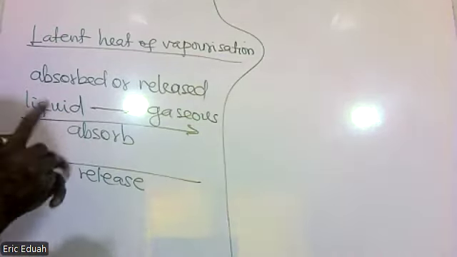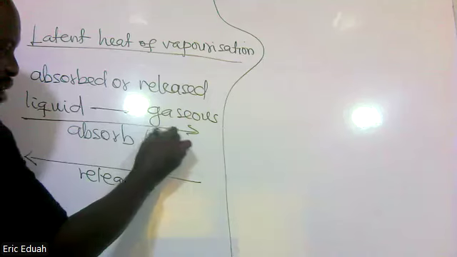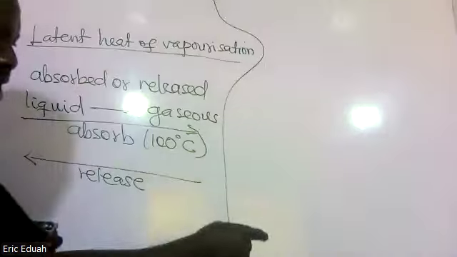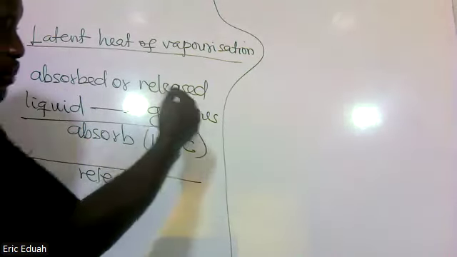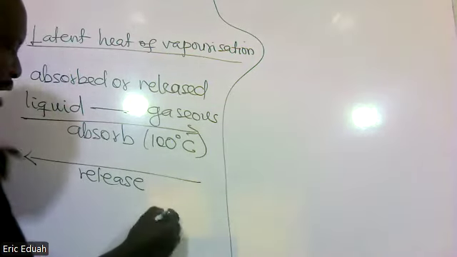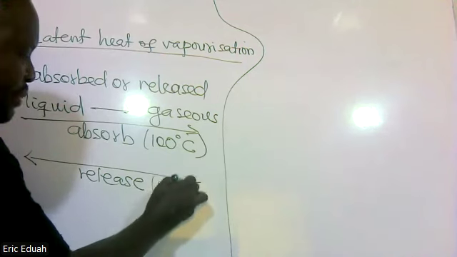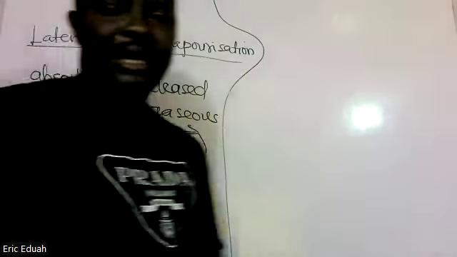Water, for instance, must do this at 100 degrees Celsius. When the same material is changing state from gaseous to liquid, the change of state would also start at the same temperature, 100. All right.